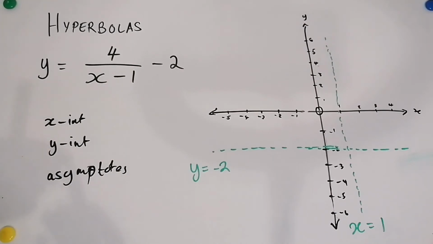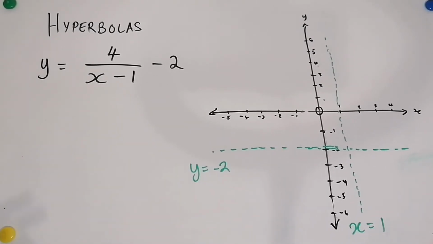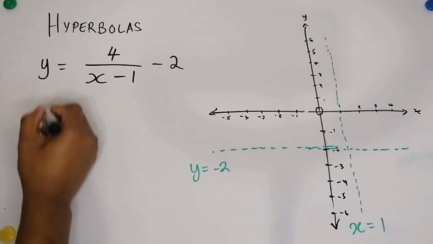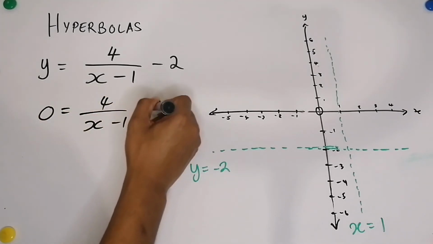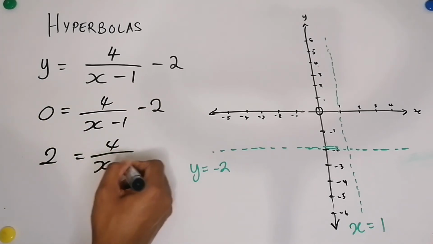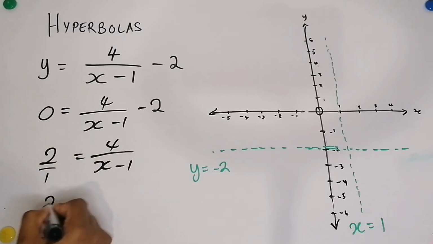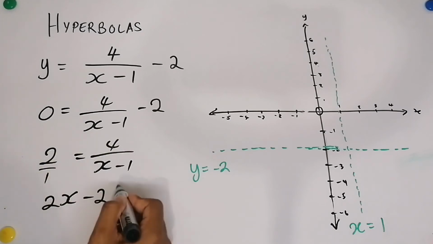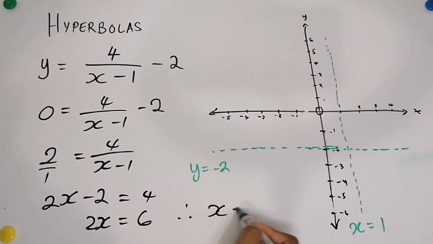Okay, what do we need to do next? Work out the x and y intercepts. Let's start with the x-intercept. So we'll make y 0 and we'll solve x. I'm going to take the 2 across. I'm going to cross multiply, so this times the 2 and 4 times the 1. Then I'll take the 2 across, add it with the 4, and therefore x is equal to 3.